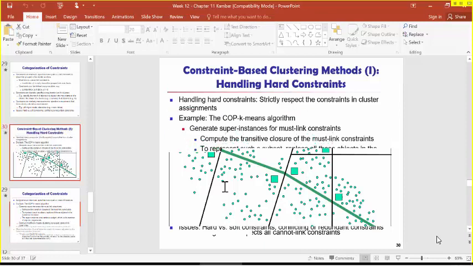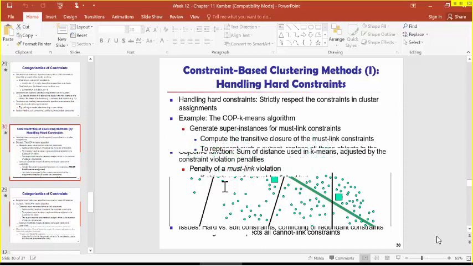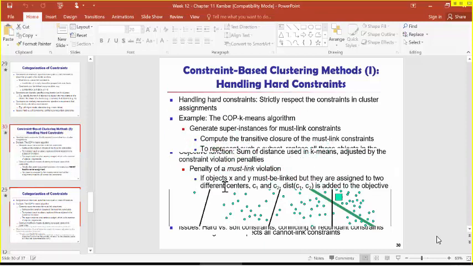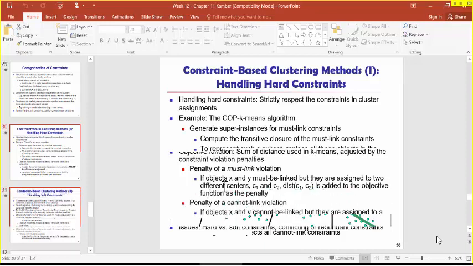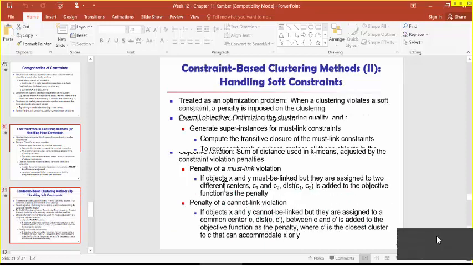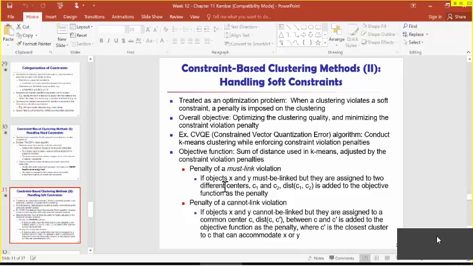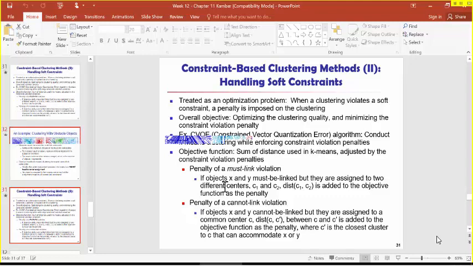Then there are soft constraints, where we can penalize: when a clustering violates a soft constraint, a penalty is imposed on the clustering, and the overall objective is to optimize the clustering quality and minimize the constraint violation penalty. So the objective function here is the sum of distances and the constraint violation penalties. We add in the penalty and then compute the objective function.